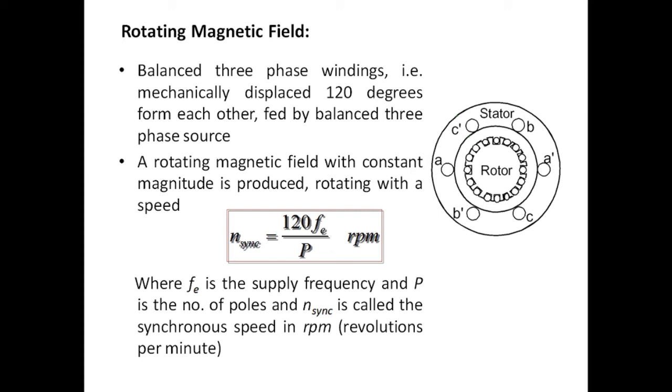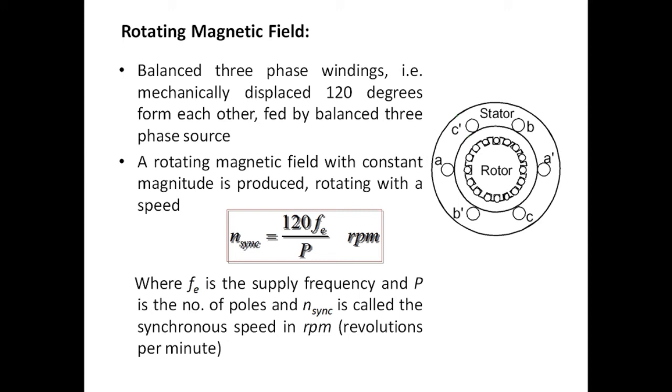The synchronous speed is 120 F by P, where F is the supply frequency and P is the number of poles in the stator. The synchronous speed changes if you change the supply frequency or the number of poles in the stator, not the rotor.